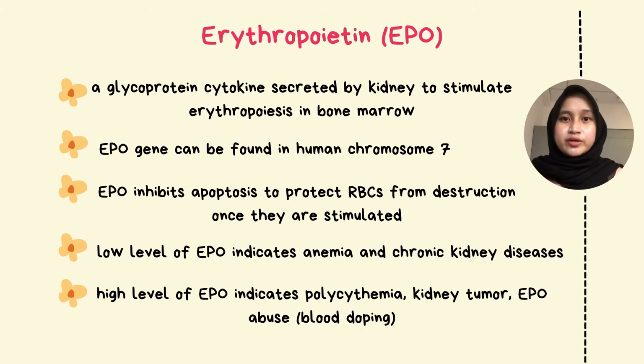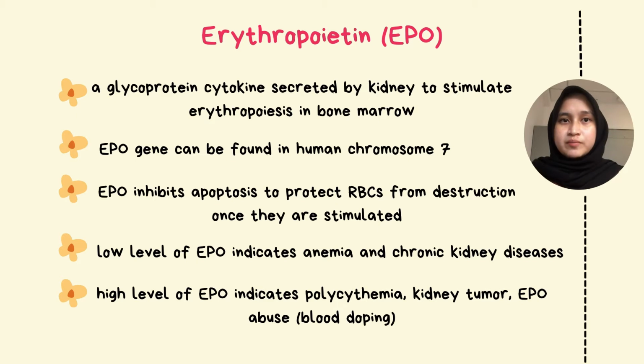So erythropoietin or EPO. EPO is a hormone which is produced by kidney to stimulate the erythropoiesis in bone marrow. EPO gene can also be found in human chromosome 7. EPO helps to protect red blood cells from destruction once they are stimulated into the body.